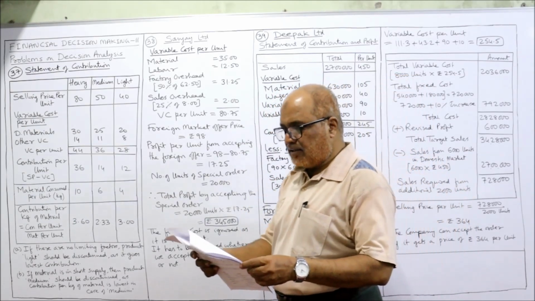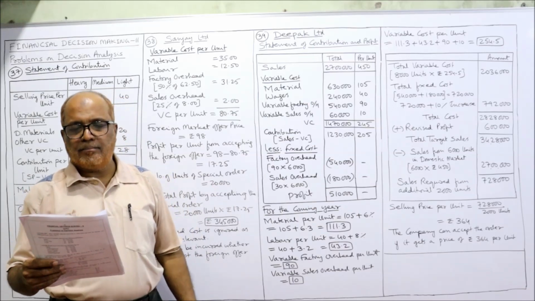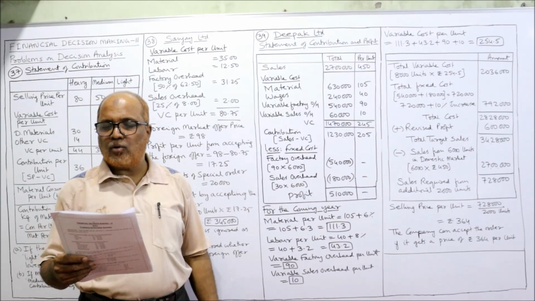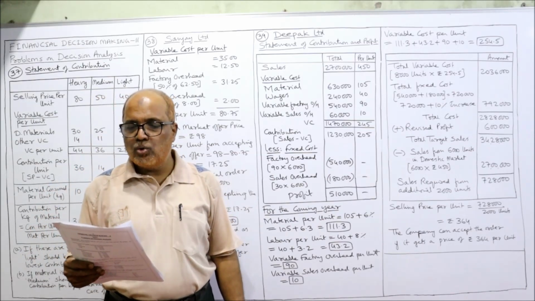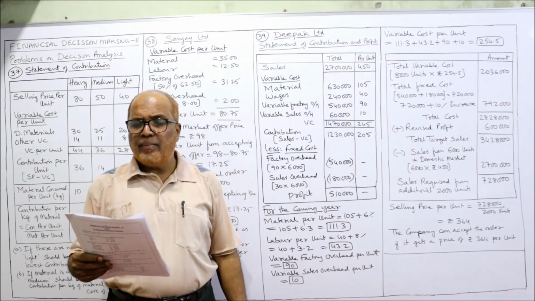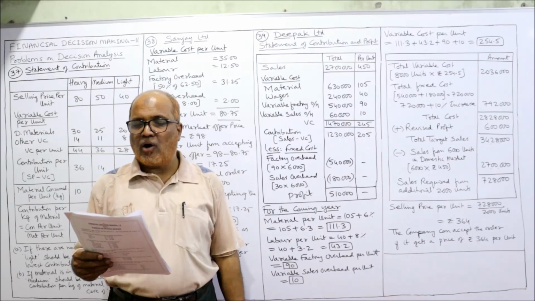Next, 39th problem. Deepak Limited makes an average profit of 30 rupees per unit by selling at rupees 450 per unit, whose cost breakup is as under. So the company makes a profit of 30 rupees and the selling price is 450 rupees. How did we get 450 rupees?